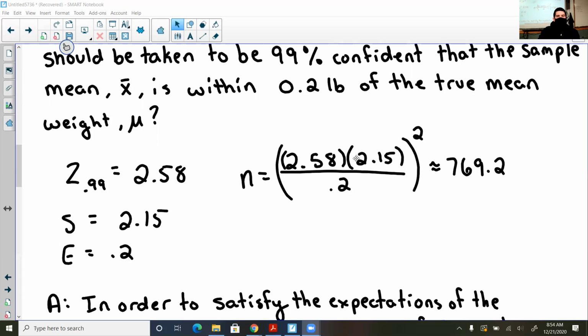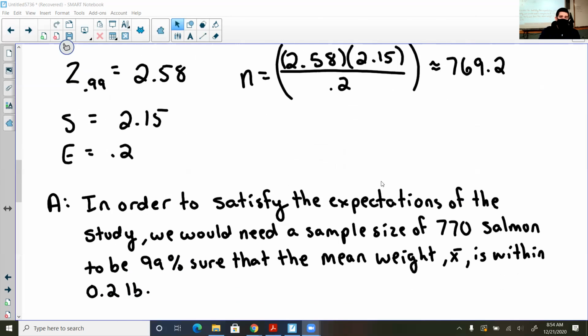I'm going to multiply these two first, then divide, then square, and I get approximately 769.2. So the answer to this question would be, in order to satisfy the expectations of the study, we would need a sample size of 770 salmon to be 99% sure that the mean weight, X bar, is within 0.2 of a pound of the known mean.